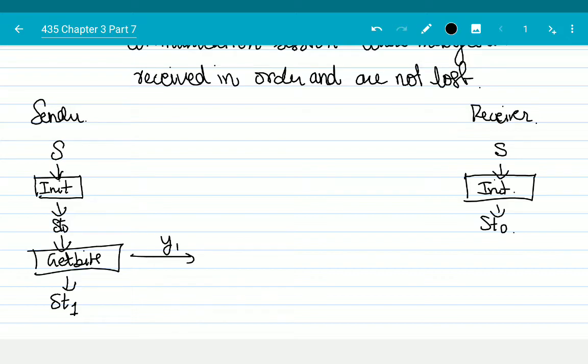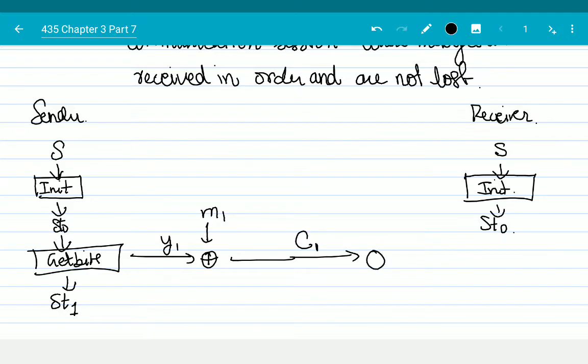You get some y1, and you use that to encrypt the message m1, which is now a ciphertext C1.